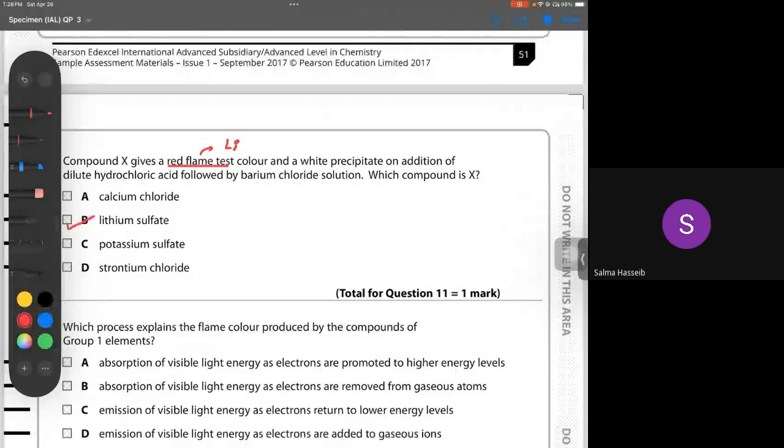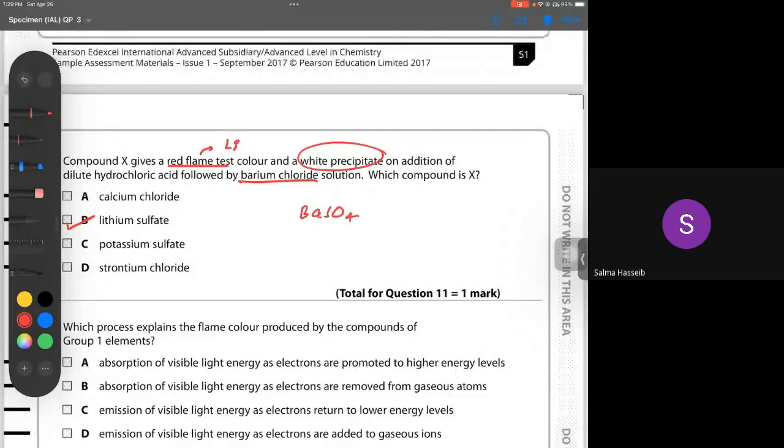Isn't strontium also red? Strontium is red, but they are also saying a white precipitate on addition of dilute hydrochloric acid followed by barium chloride solution. Whenever you see the white precipitate after addition of barium chloride, barium sulfate is formed.